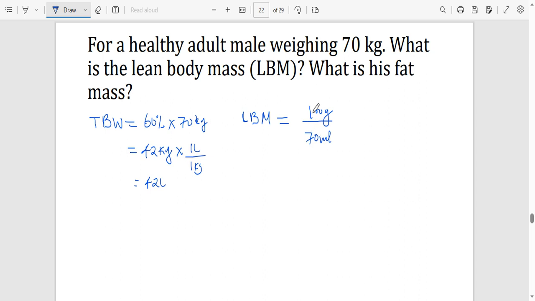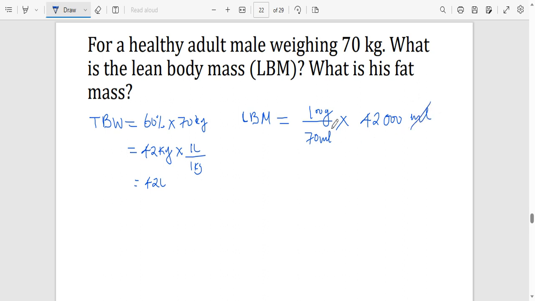It's the same as saying 70 mils per 100 grams. So if I've got 100 grams of tissue, I'm going to have 70 mils of water. What if I've got 42 liters? How much mass do I expect? So I'm going to multiply: I've got the mils down, and then multiply by the 42 liters. But we need to convert it to mils also, so multiply by 1000. So it will be 42,000 mils.